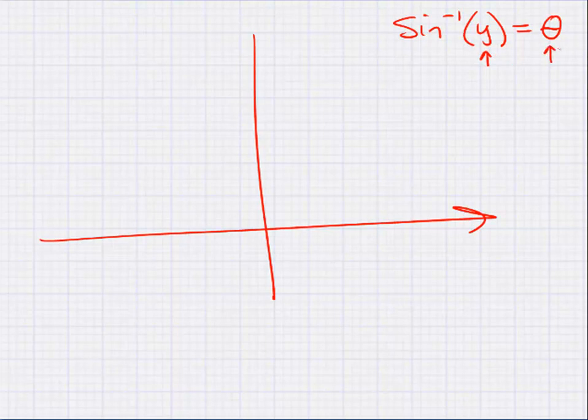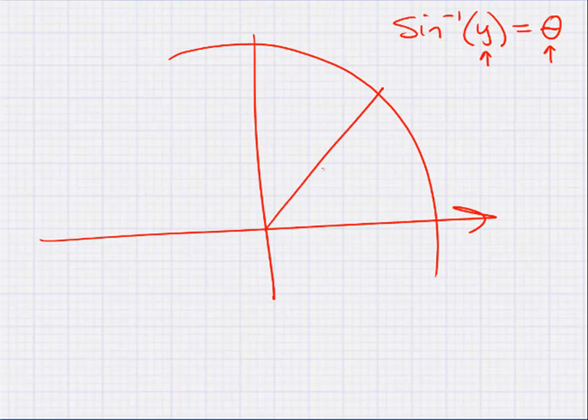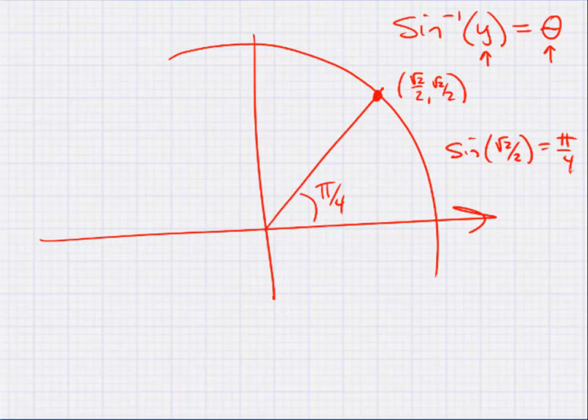That's kind of how we read it. So let's look at our unit circle. Here's pi fourths. If that's pi fourths, this angle has a point square root of 2 over 2 comma square root of 2 over 2. So if I took the inverse sine of square root of 2 over 2, the answer is pi fourths. That's how inverses work.